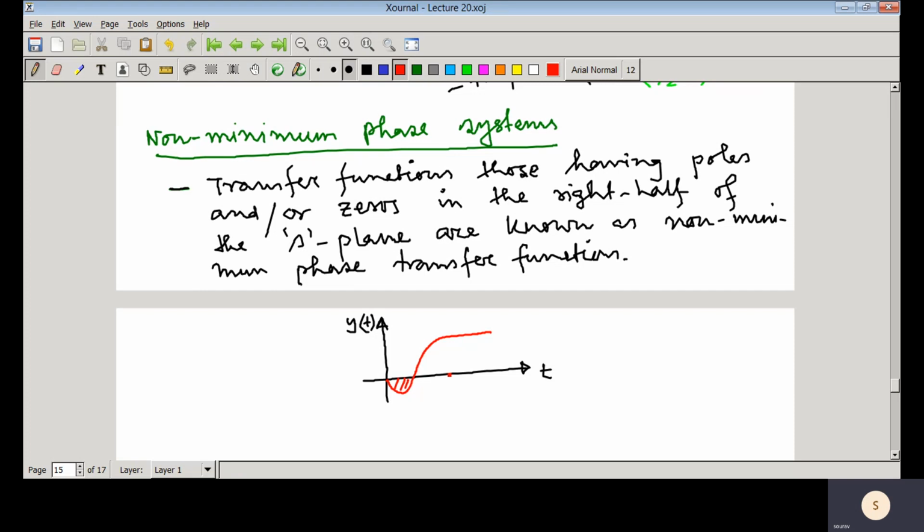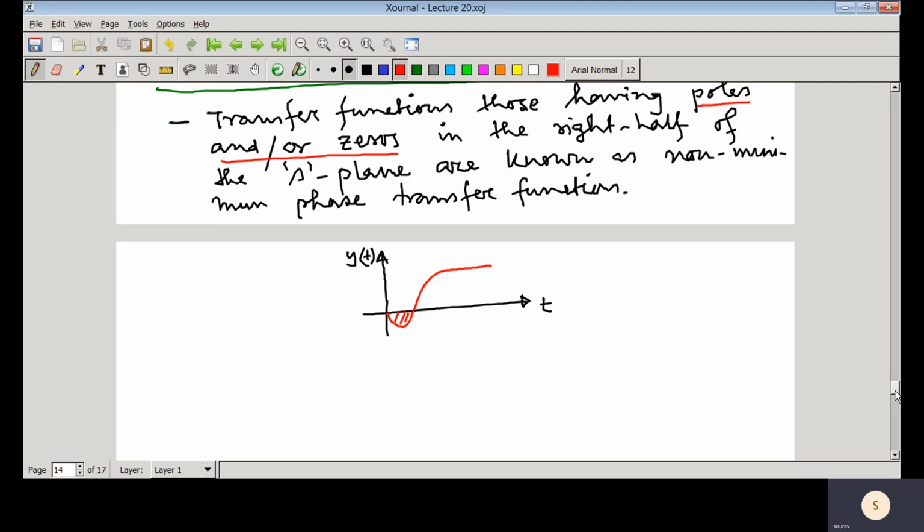So if there is a pole or zero in the right half of the S-plane, this is called a non-minimum phase system. But conventionally, if there is only a zero on the right half of the S-plane, it is called a non-minimum phase system. By definition, it is a pole or zero.